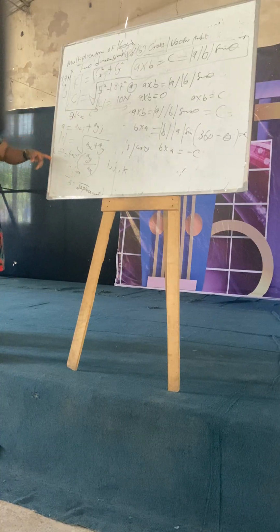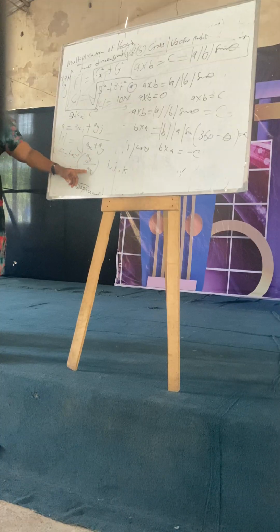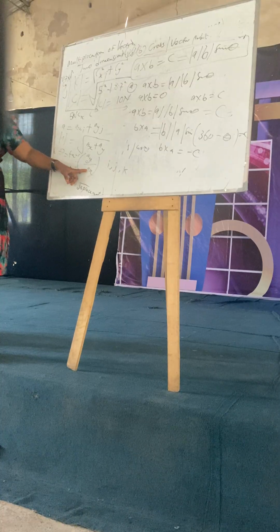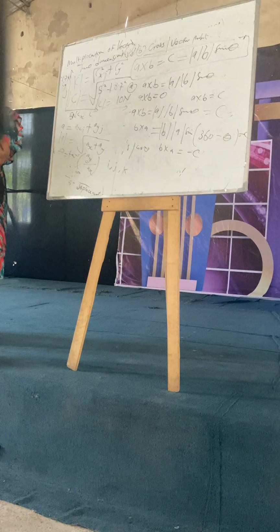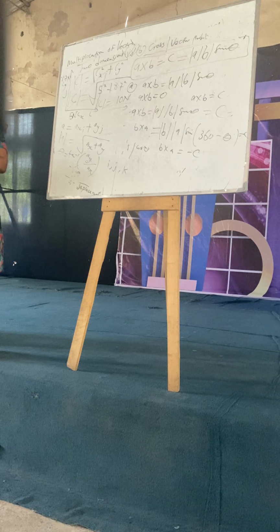Remember that for the direction, I will now use this formula: tan theta equals Cy over Cx. Our Cy is 8.7 over 5. When we divide it, we get 0 point something. Then we do tan inverse of that. I think we have 30 degrees. That is what happens in these vectors.